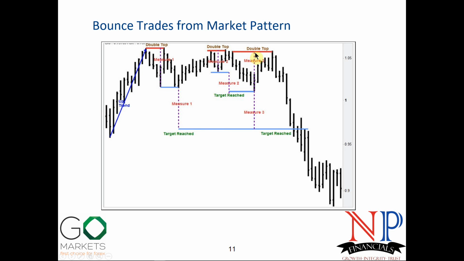So we drop between this swing top to bottom, measurement 3, and the measurement 3 and measurement 1 are almost similar, and price actually reached here. So you got 1 target, 2 targets and 3 targets. How good is that? Just by defining a high probability tradable market pattern, as I am demonstrating in this Go Markets and NP Financials webinar, quality webinar.